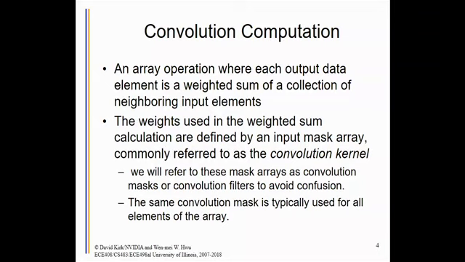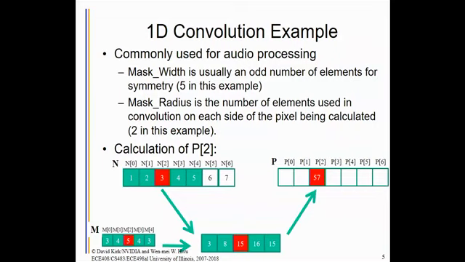That is, when we apply a convolution filter to an image, all the pixels are going to be processed by the same filter function. So that's a typical way that we apply the convolution computation. So let's start with one dimension.